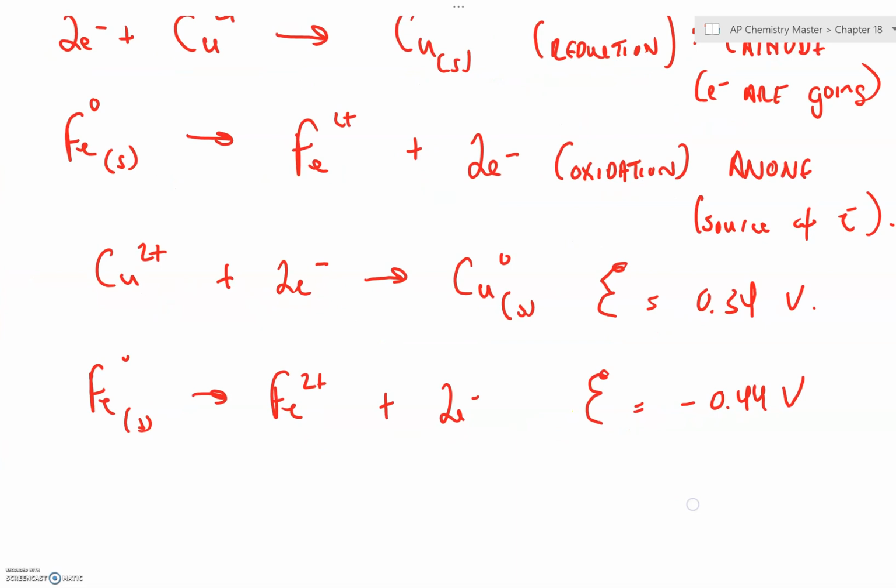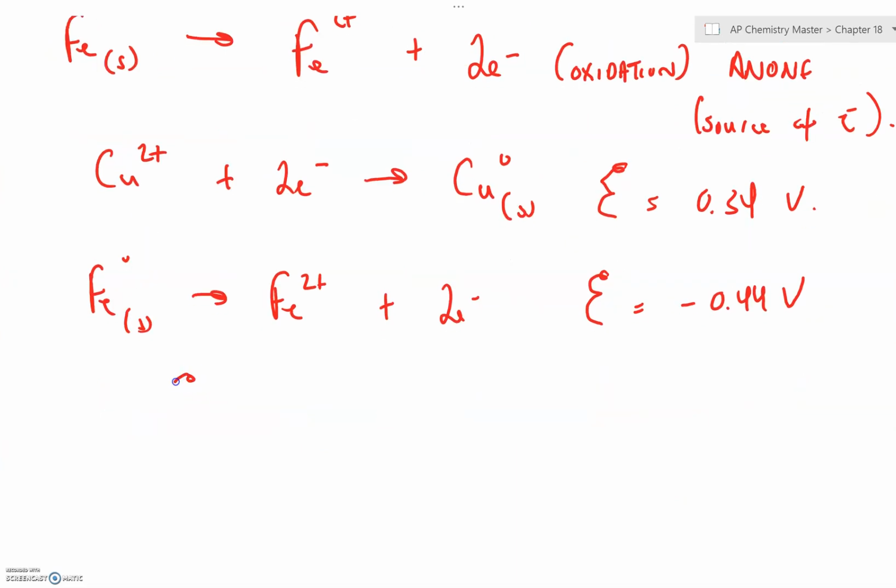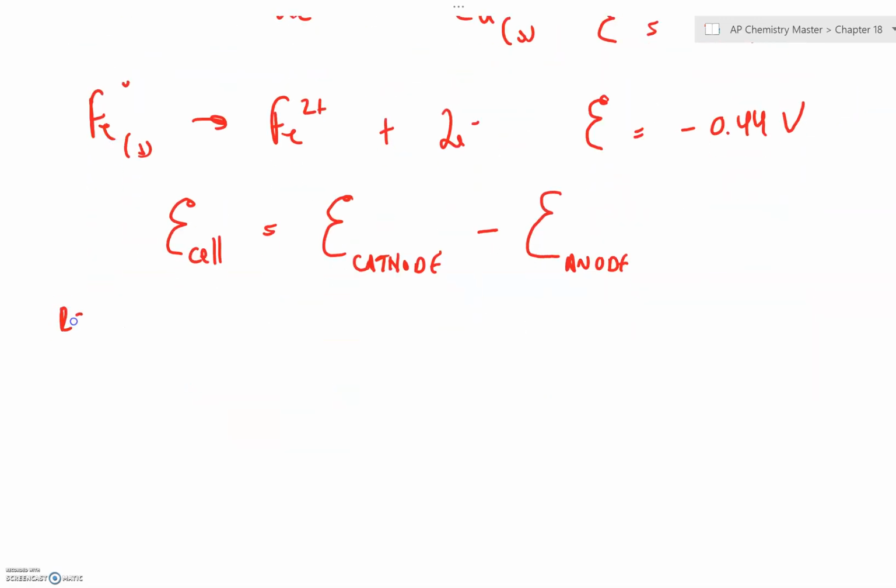Okay, remember that when we are trying to find cell potential, it's equal to the potential of the cathode minus the potential of the anode. And all we're doing is reversing the sign of the anode and then adding.